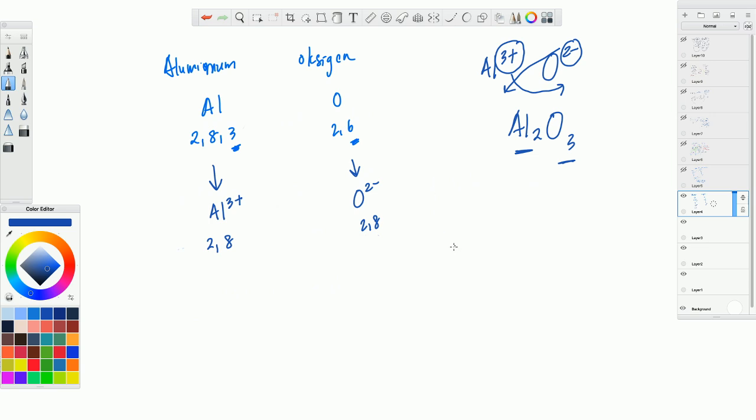Ion aluminium ini bercaj 3 positif. So kamu kena lukis 2 lah.